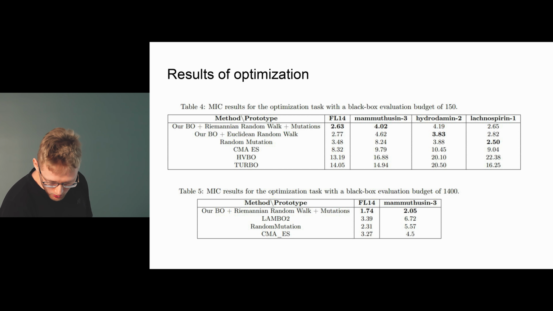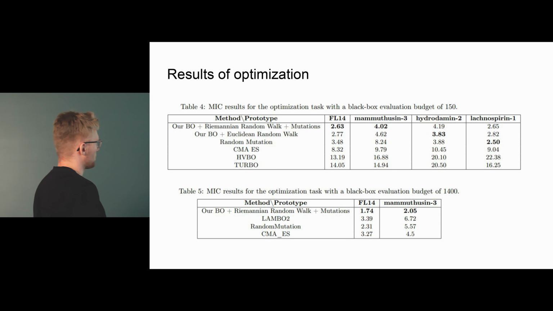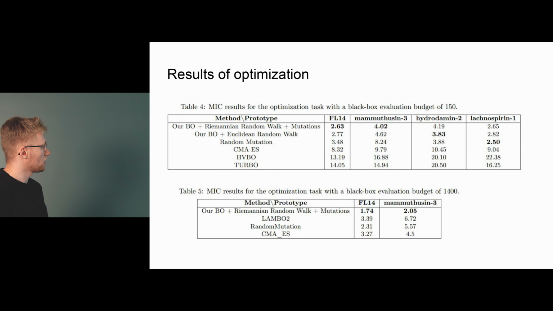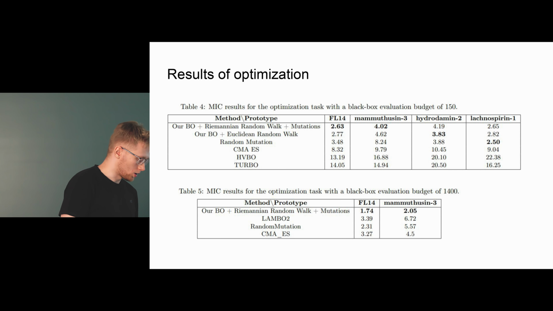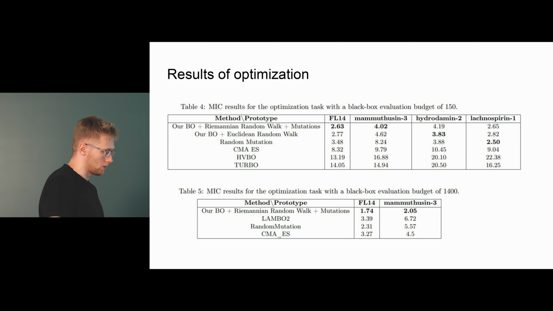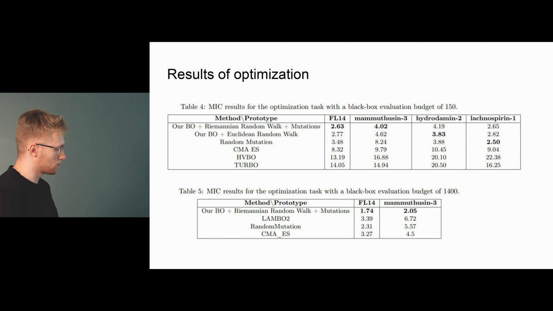All right. So this is a table with the results that we got. This first method is our Bayesian optimization with Riemannian random walk mutation, which Adam talked about earlier. And we have some other baselines from a repository on GitHub that we set up. Those are methods that were already made, so we only set them up for our particular project.